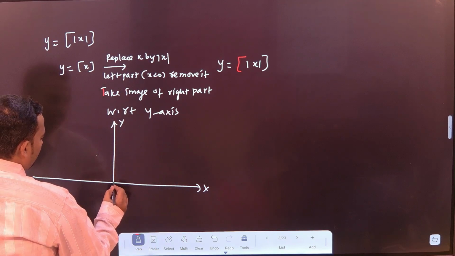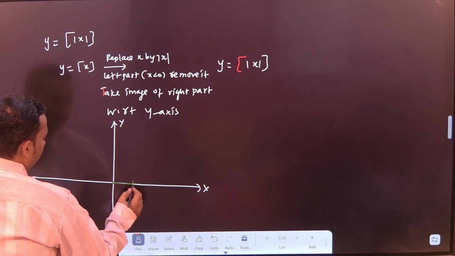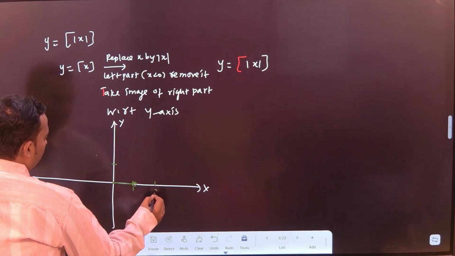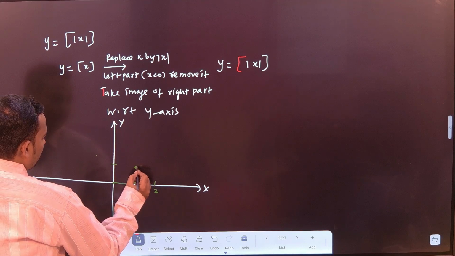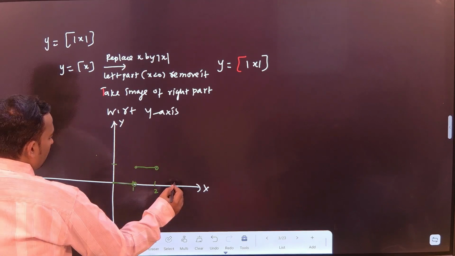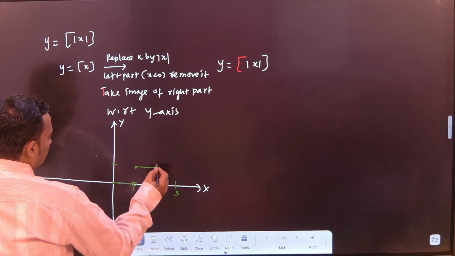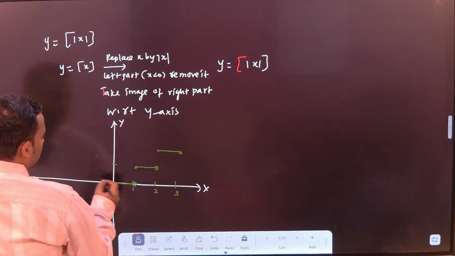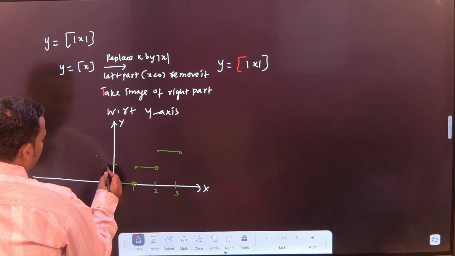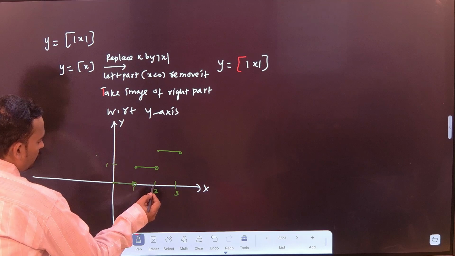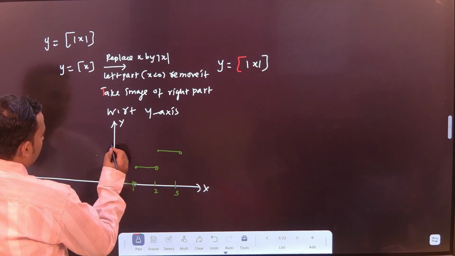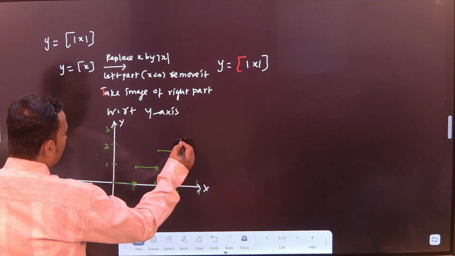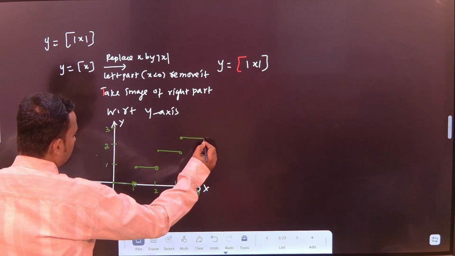So if I take 0 to 1, the greatest integer function will be 0. If I take 1 to 2, the greatest integer function will be 1 only. Then 2 to 3, the greatest integer function is 2, and 3 to 4 will be 3.